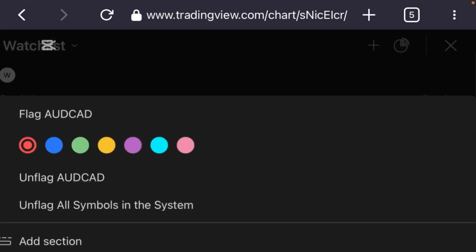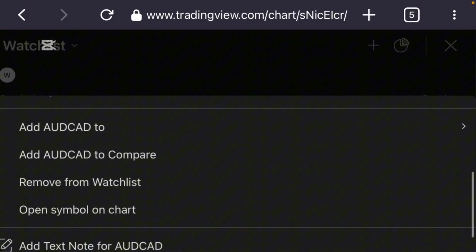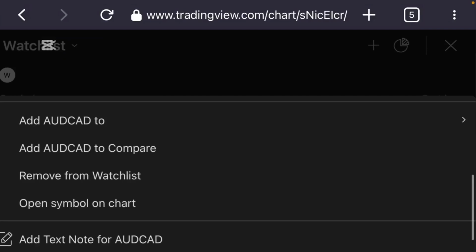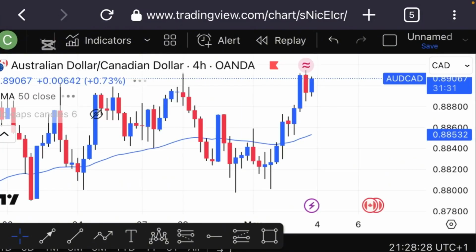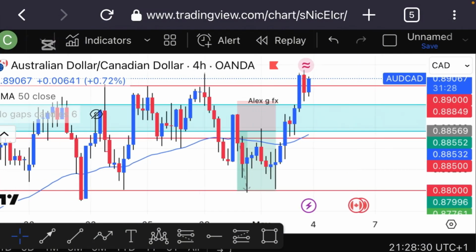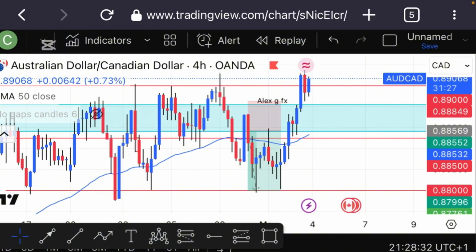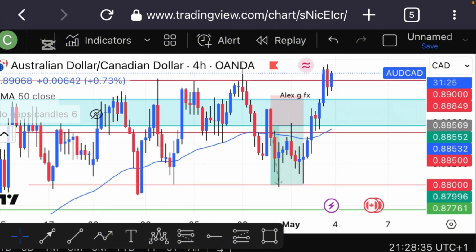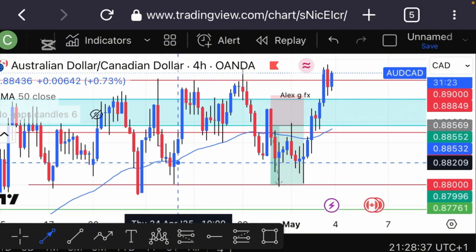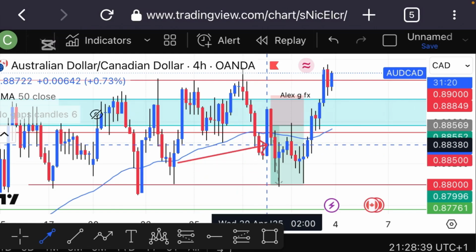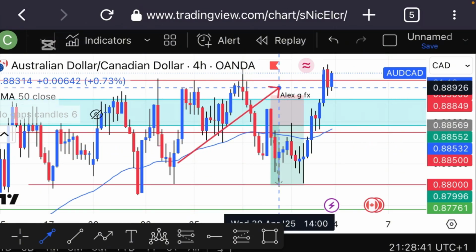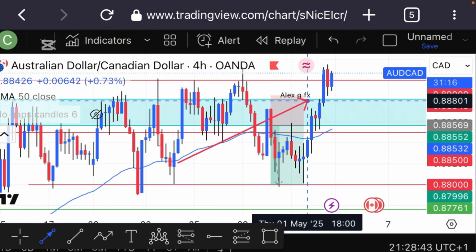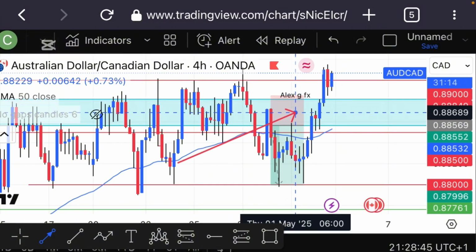Then also AUD CAD. I analyzed it to perfection, or by the time. Okay, it's not me who analyzed this market. It was Alex G Gonzalez.